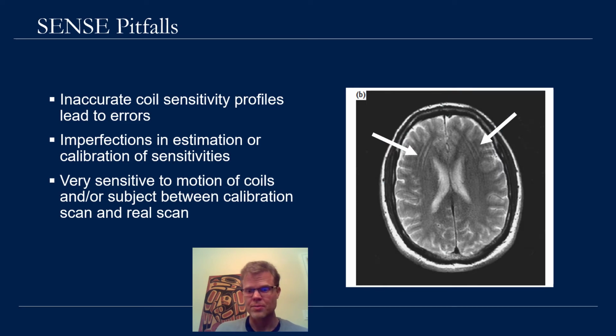And they'll typically look something like this. What is being shown here are residual aliasing artifacts. So the signal here is originating from out here in the skull, and similarly on this side.